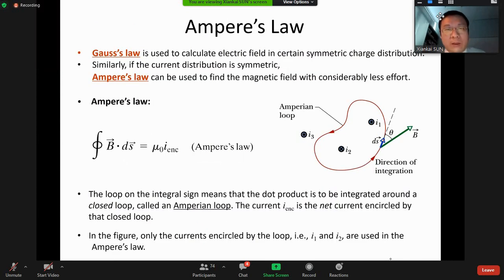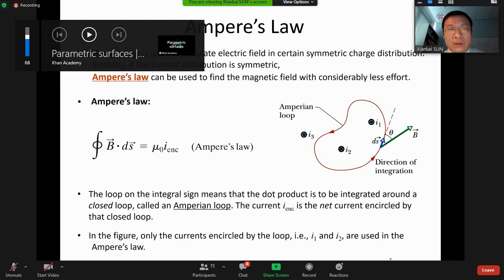At the end of our last lesson, we talked about Ampere's law. Ampere's law can be used to find the magnetic field, which is similar to Gauss's law in finding the electric field distribution.